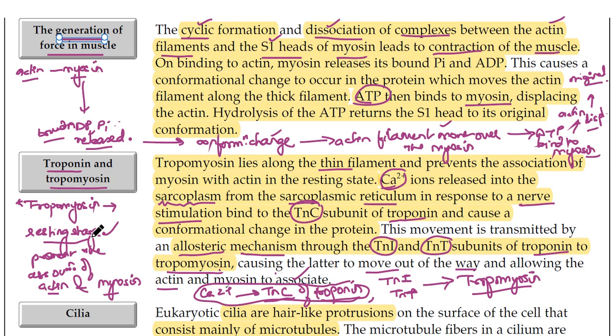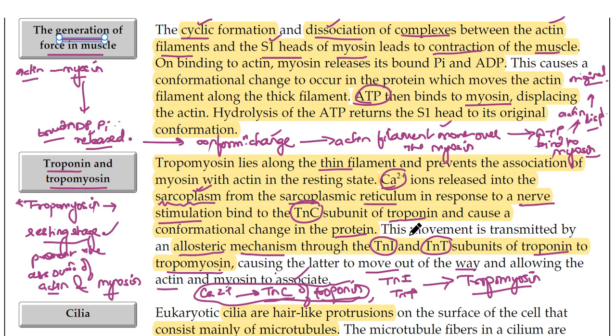But whenever there is nerve stimulation, calcium ions will be released from the sarcoplasmic reticulum into the sarcoplasm, as a result of which the TNC subunit of troponin will be stimulated, and this causes a conformational change in troponin.